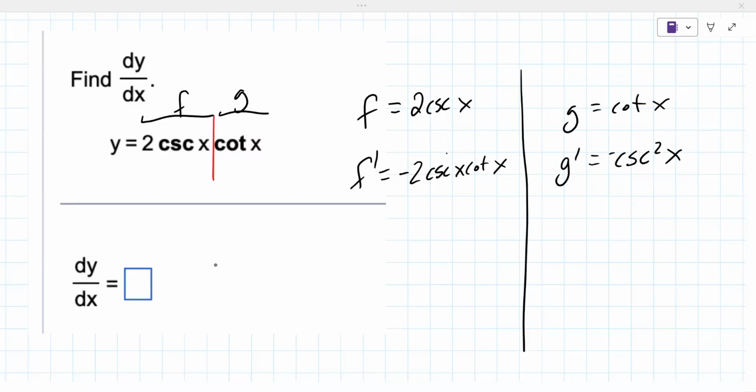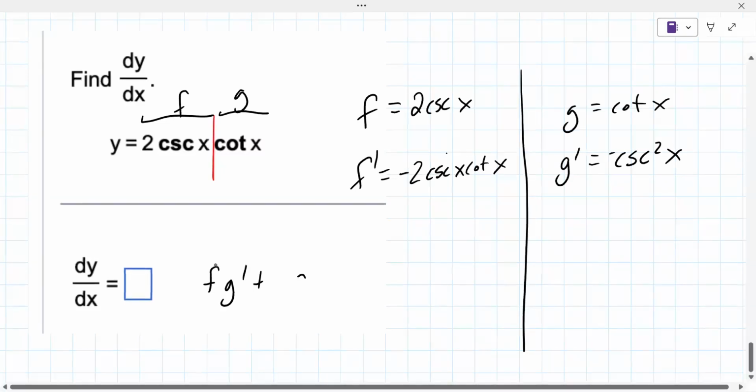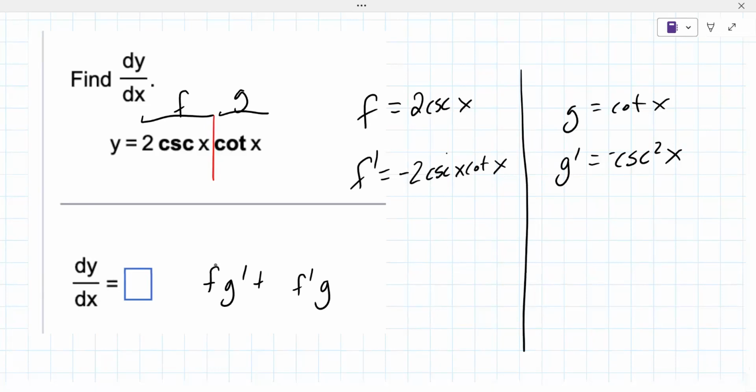So the derivative here is f g prime plus f prime g, which means you pair them up diagonally.